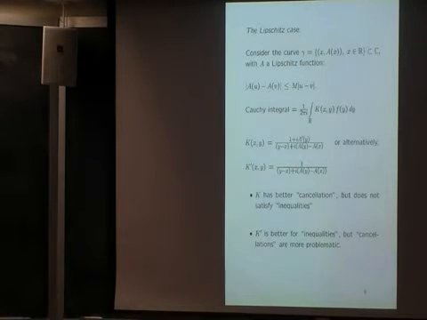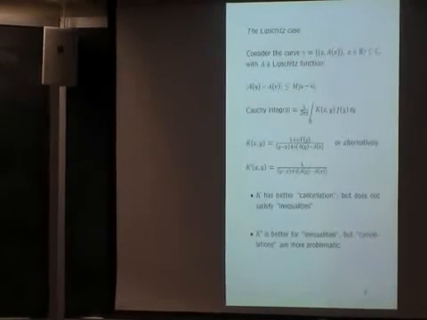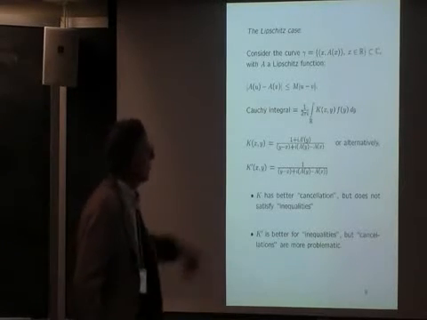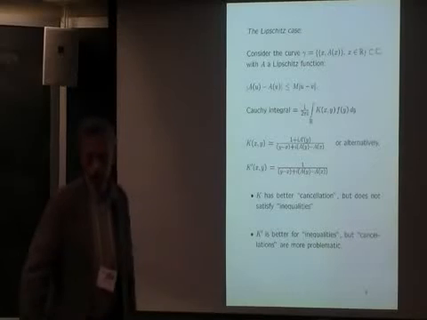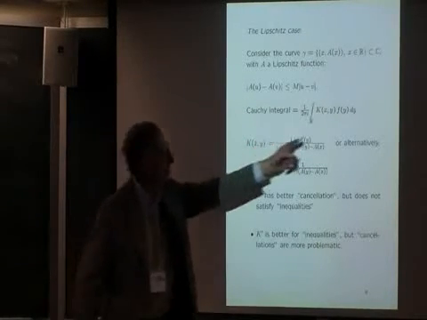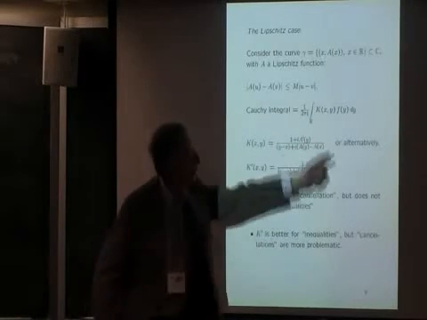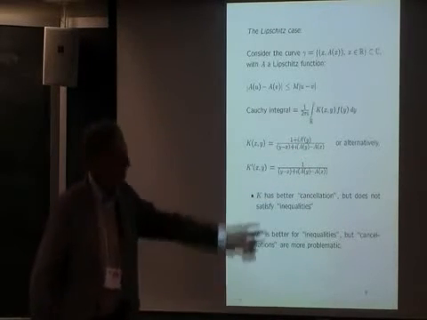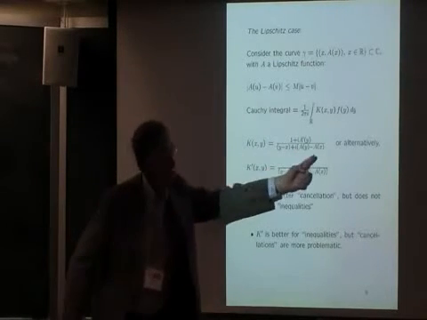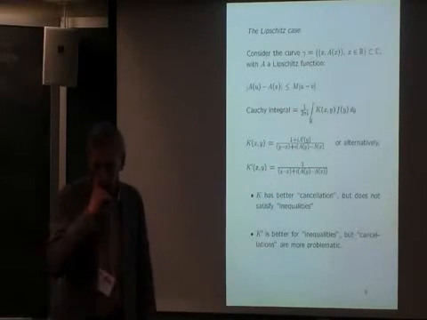All right, so let me just say a few words about the Cauchy integral for a Lipschitz curve. So a Lipschitz function is a function which satisfies this kind of inequality. So the Cauchy integral for a Lipschitz curve can be thought of as an integral over the reals with k of x,y being given by exactly this function.